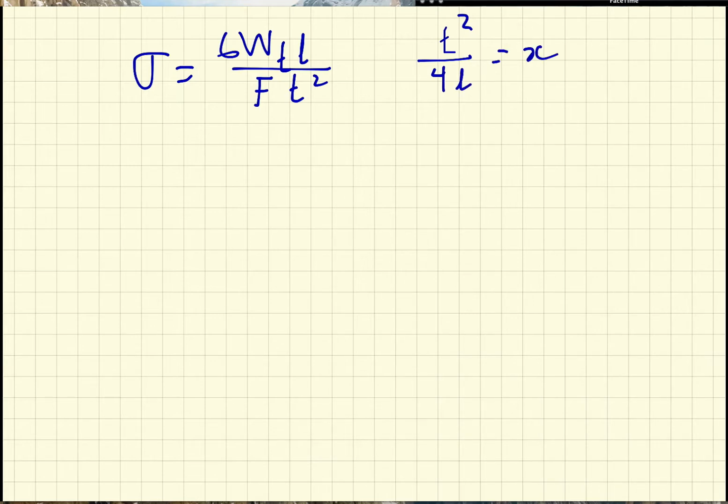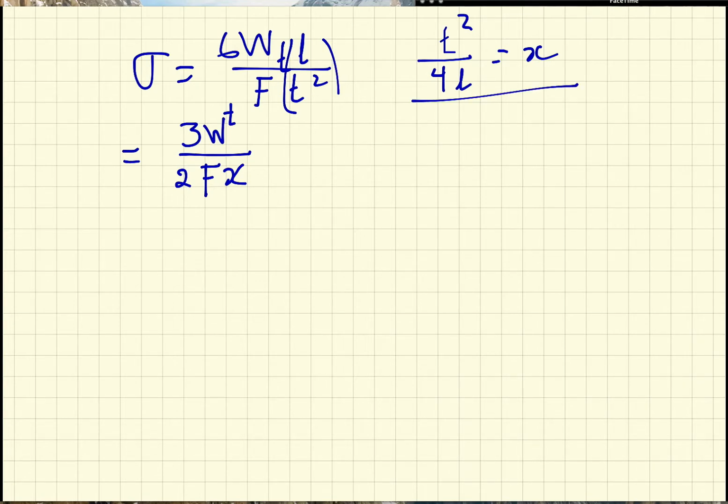And that allows us to rewrite the bending stress as 3 W tangential, let me just make the t a superscript, and the L will be eliminated because t squared over L will be replaced by 4x, so it will be 3 over 2 times f times x. So this is a simpler relationship.